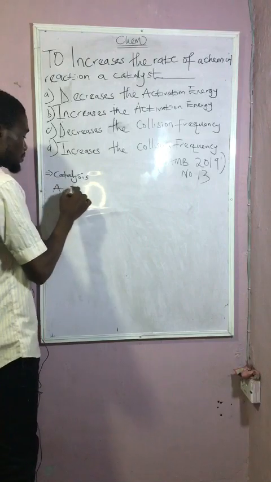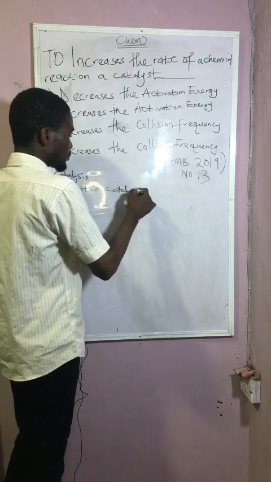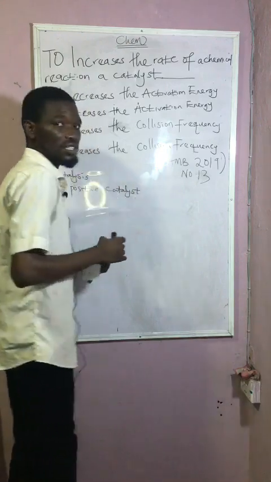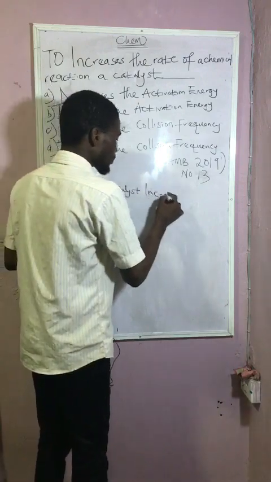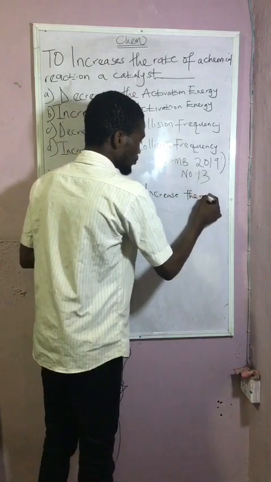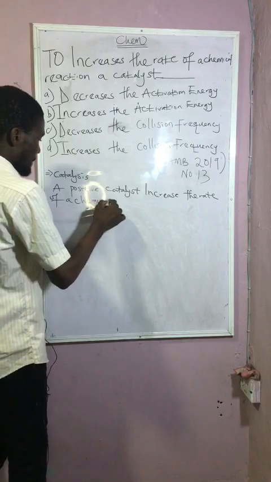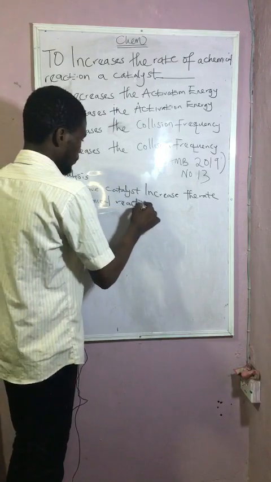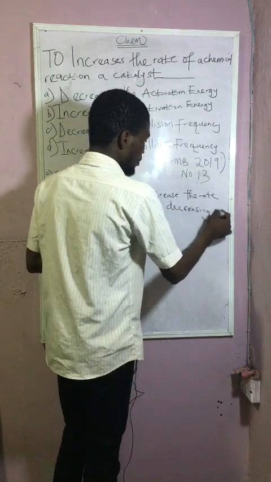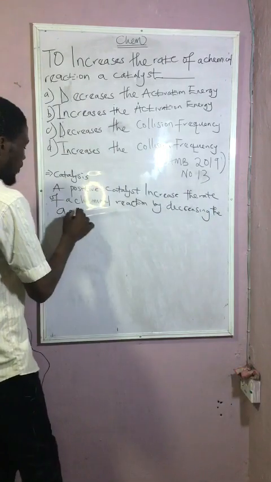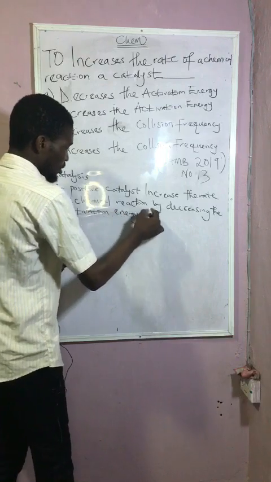A positive catalyst increases the rate of a chemical reaction by decreasing the activation energy.